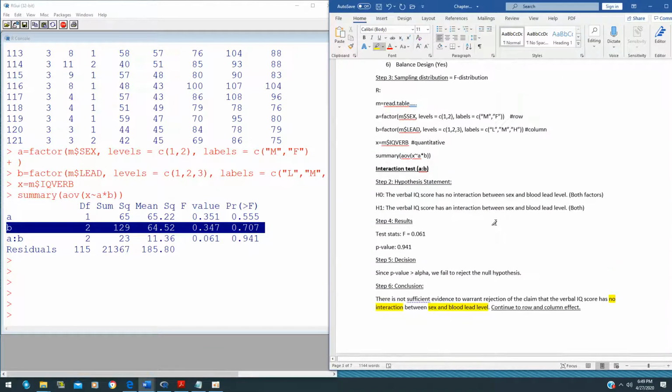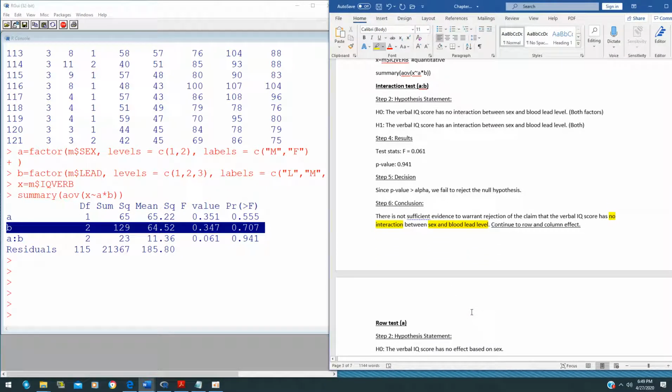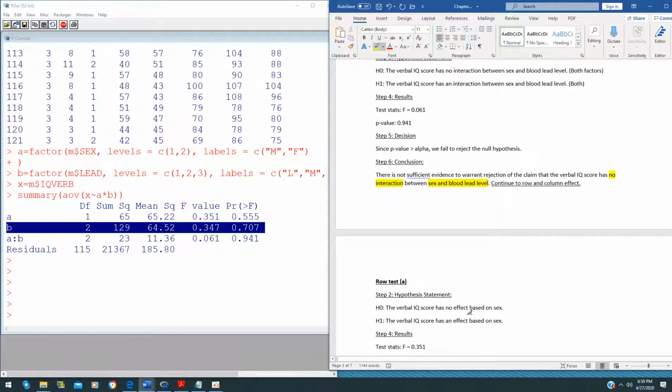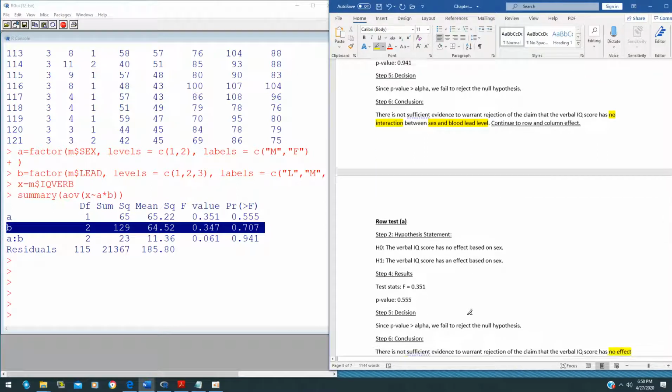You have to do all 3 tests because there is no interaction between both. So you want to figure out whether there is an effect from the column, or from the row. Based on this, we can tell there is no interaction between both of them, just the row or just the column.